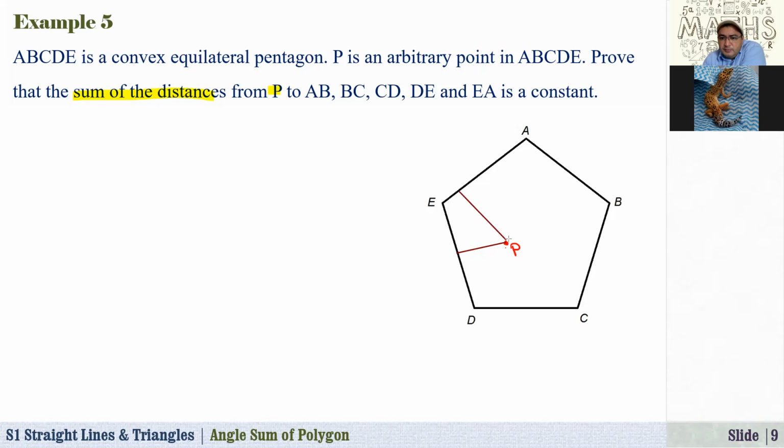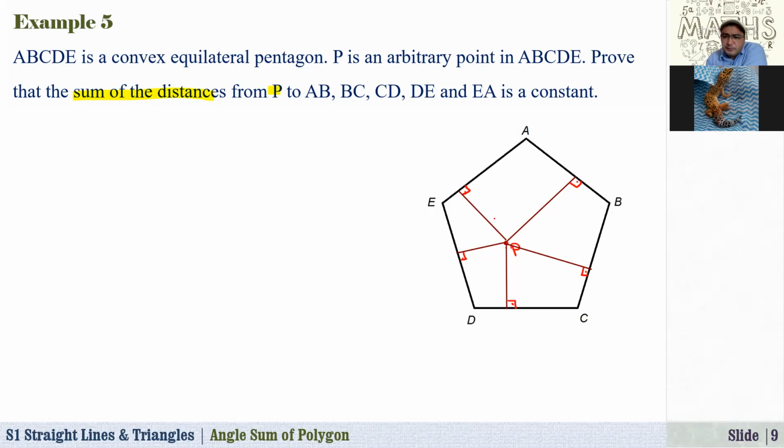And from P to EA, this distance. From P to AB, this distance. From P to DC, this distance. And from P to BC, this distance. Distance means it's an altitude, so it's 90 degrees. This one is also 90 degrees, and this one too.